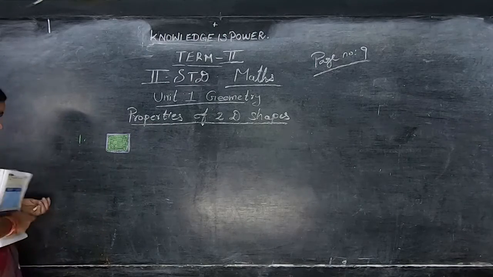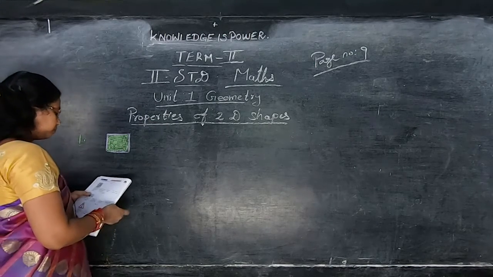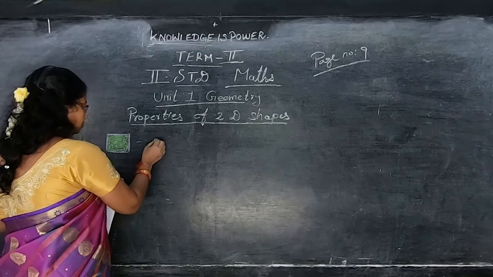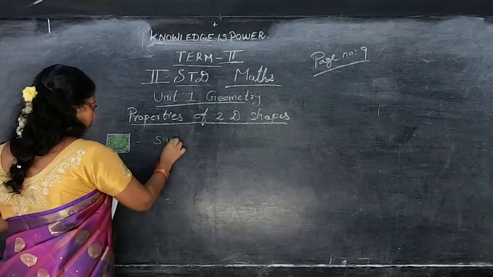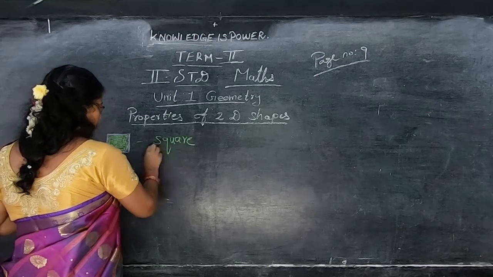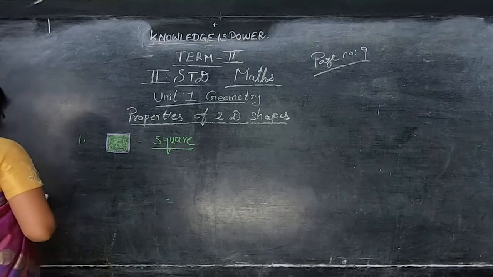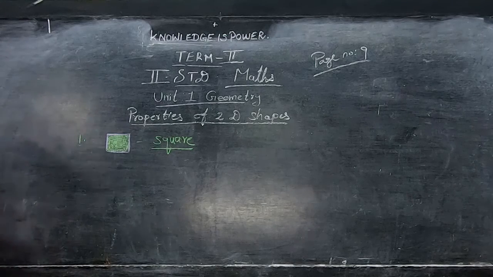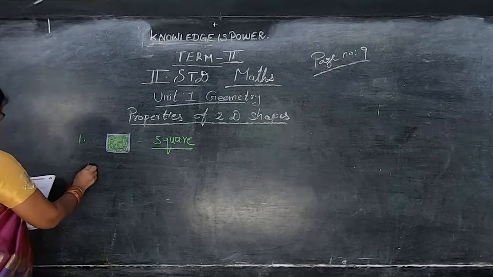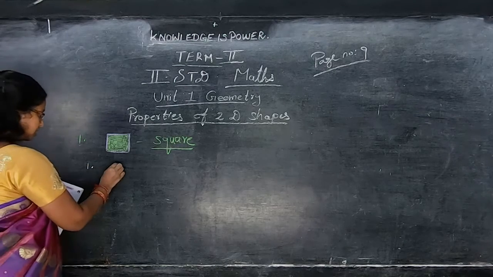Number 1, I am going to write 4 points. First one, it is a square.